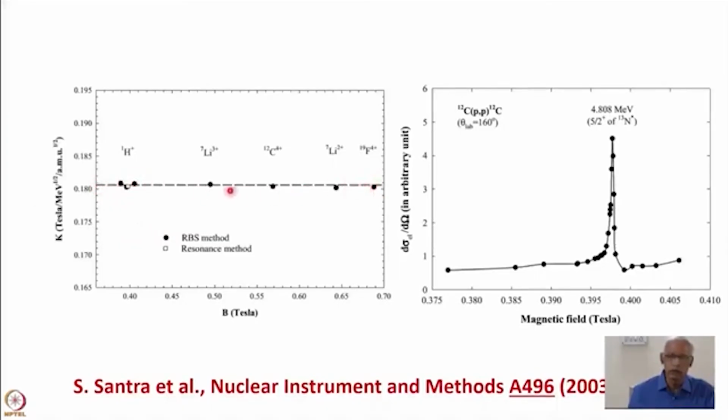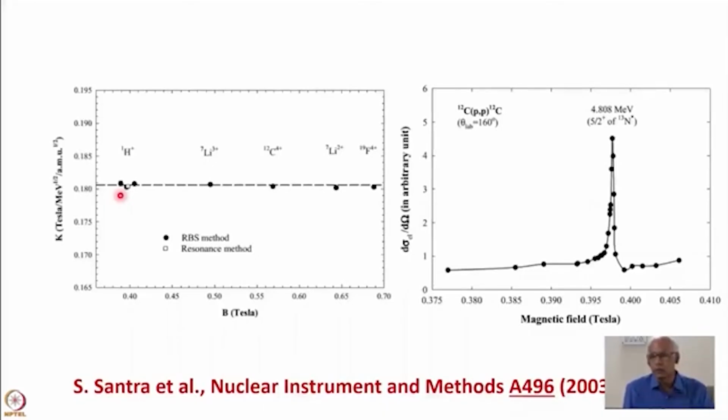You can see that it is more or less constant. So this was one value obtained, but we wanted to make sure that this value is correct. The most accurate method is always a resonance reaction, where you can locate the energy very nicely.